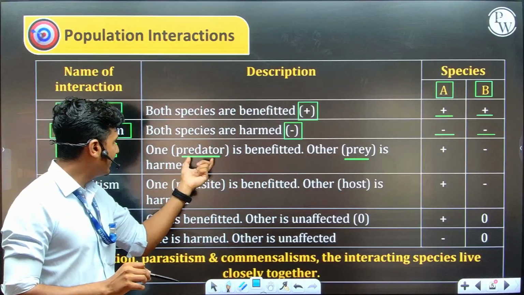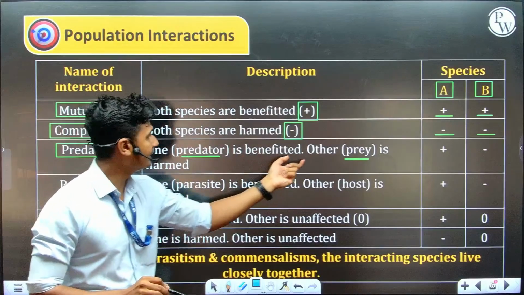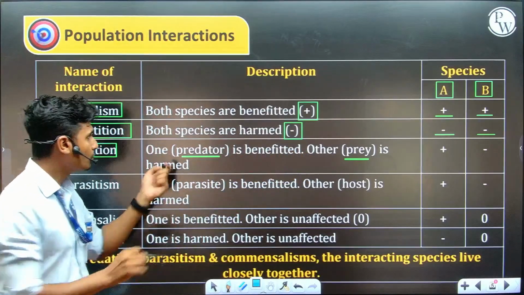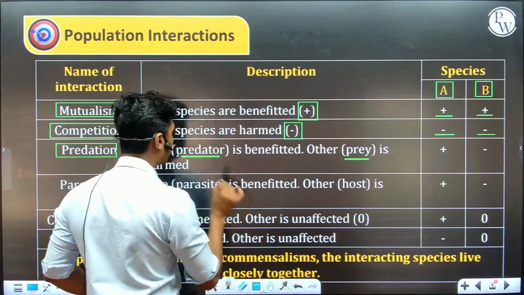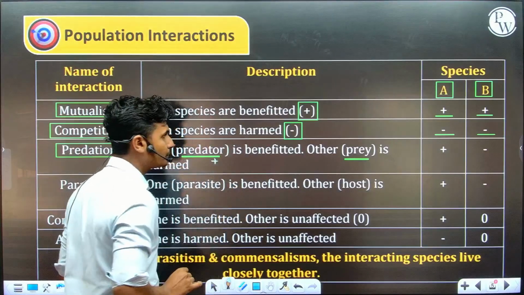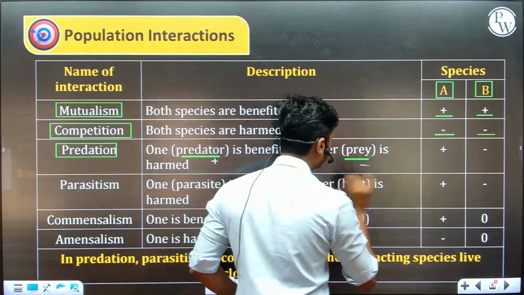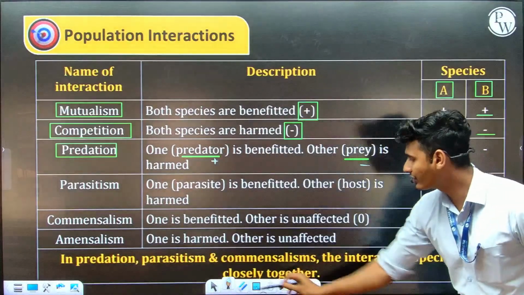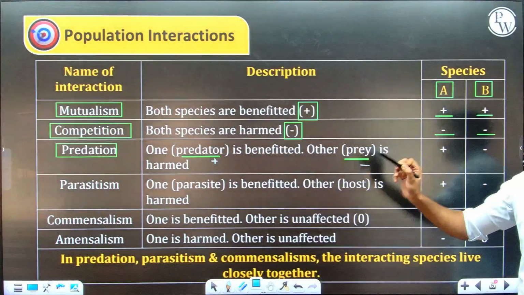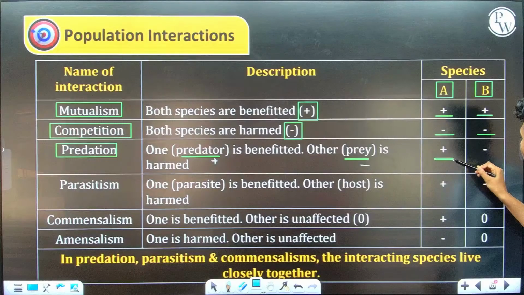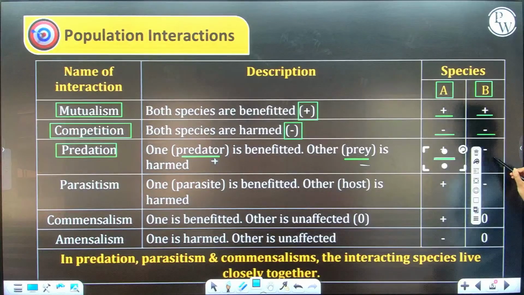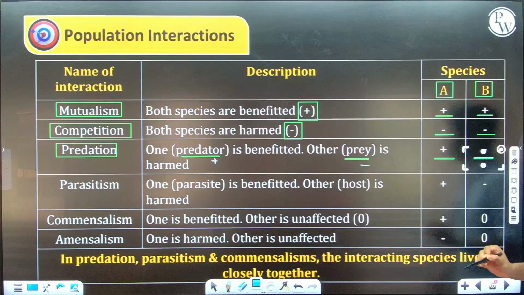Obviously, the predator gets a benefit and the prey is harmed. So the predator has a positive charge and the prey has a negative charge. This kind of relationship is known as predation: positive for the predator and negative for the prey.